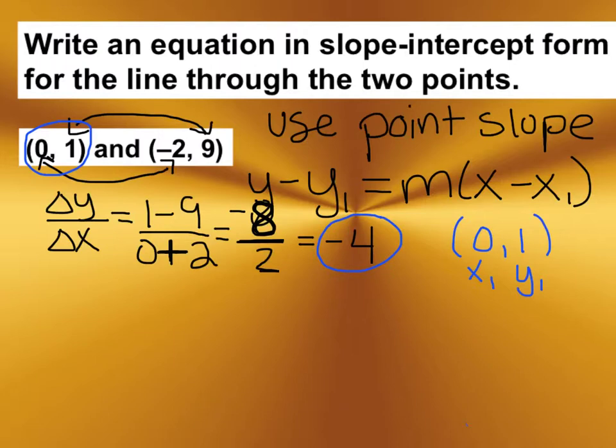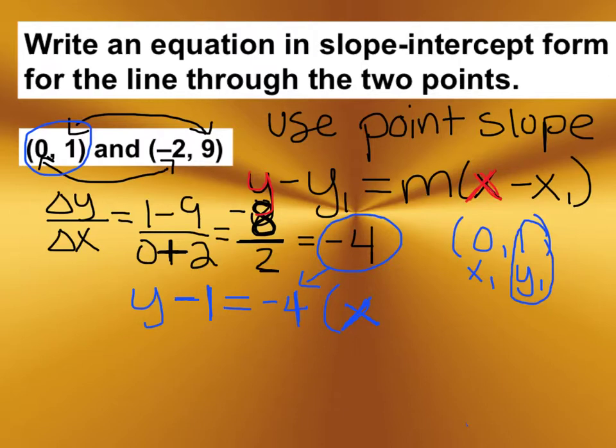So for point slope, we have y minus, so the y stays, and then I'm going to plug in y1, and y1 in this case is going to be 1. So I get y minus 1 equals m. -4 was the m that we found, slope, so -4, multiplied by x. We keep the same exact x, and you know what, I'm actually going to write in the formula the x and y in different colors so that you know that these stay the same.